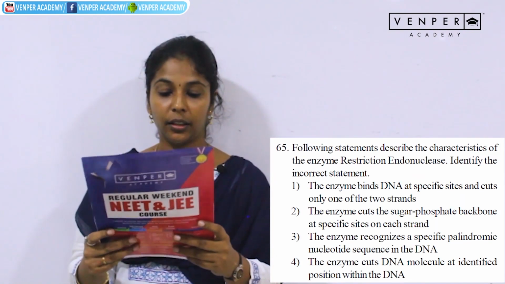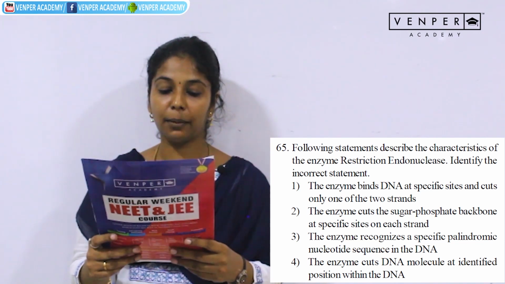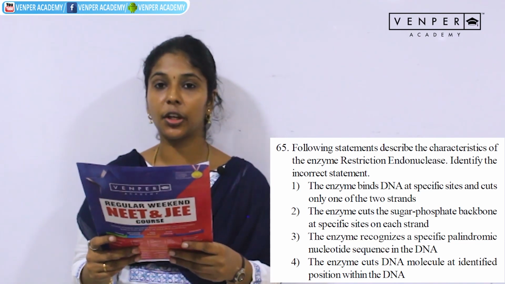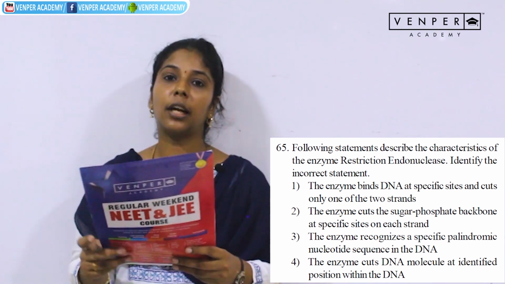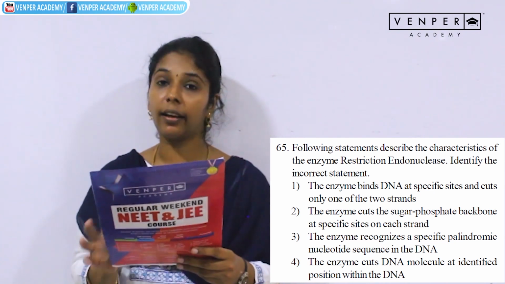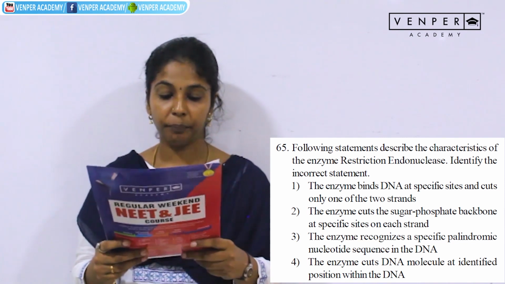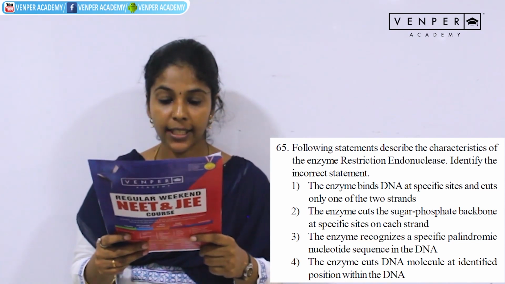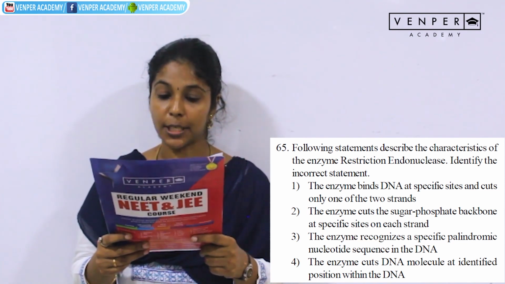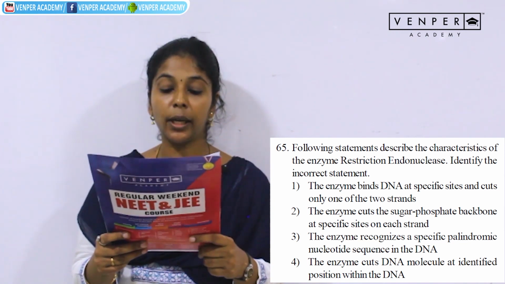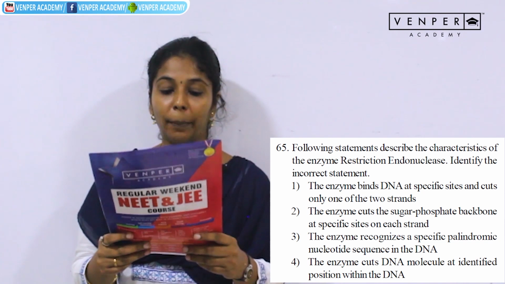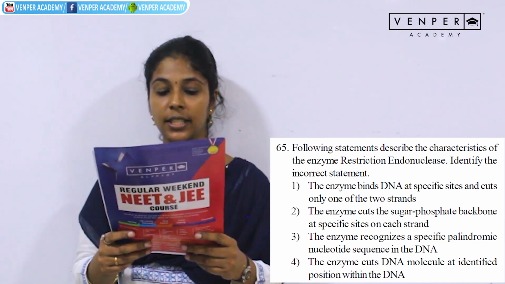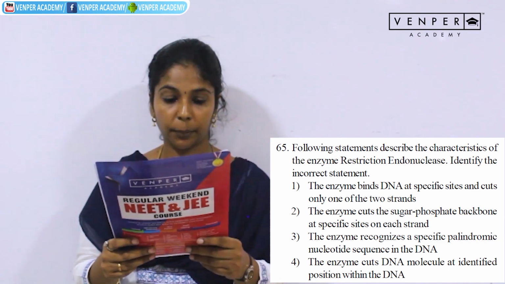Question number 65. The following statements describe the characteristics of the enzyme restriction endonuclease. Identify the incorrect statement. So there are 4 options given, in which 3 are correct and only 1 is incorrect. The first option is the enzyme binds DNA at a specific site and cuts only one of the 2 strands. The first option itself seems to be wrong because restriction endonucleases break both the strands.